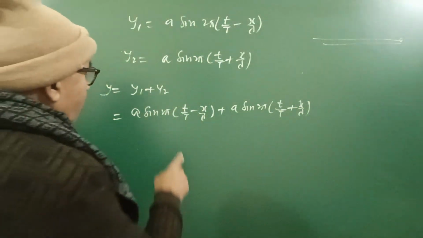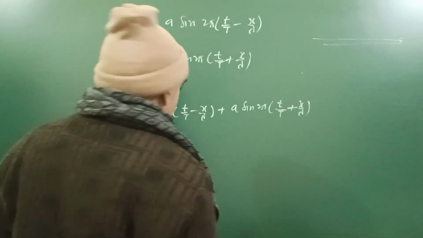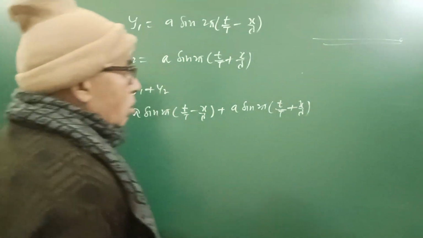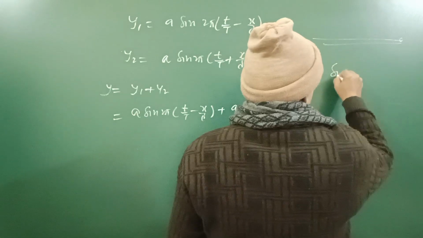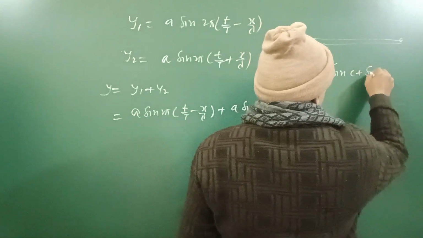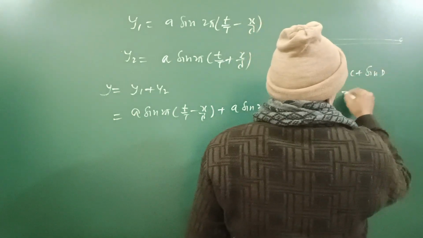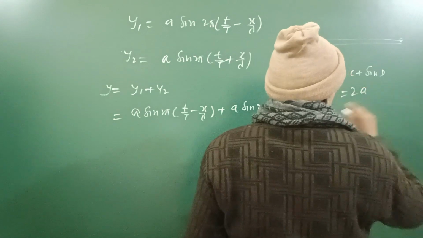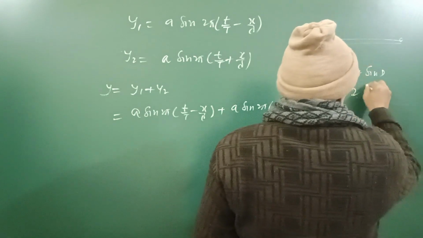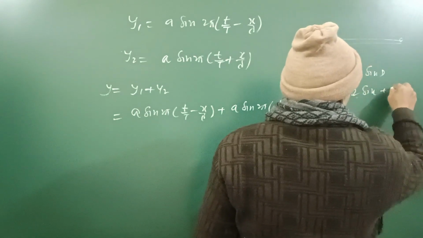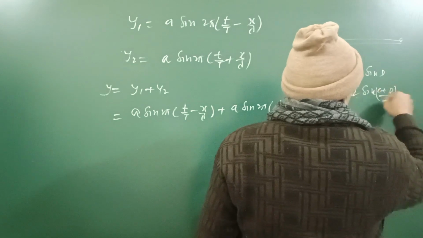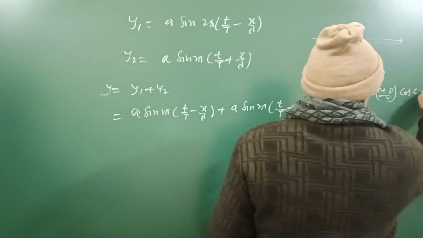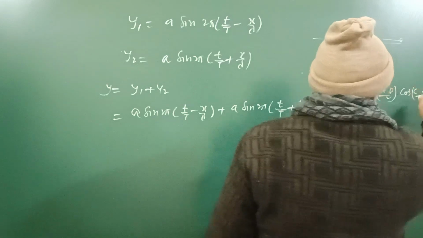Now here we use the formula of sine C plus sine D. I have told you sine C plus sine D equals 2 sine (C plus D) by 2 times cos (C minus D) by 2.